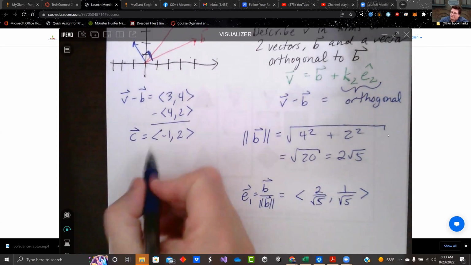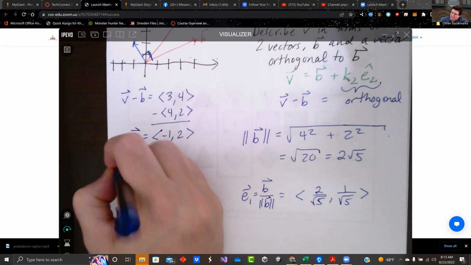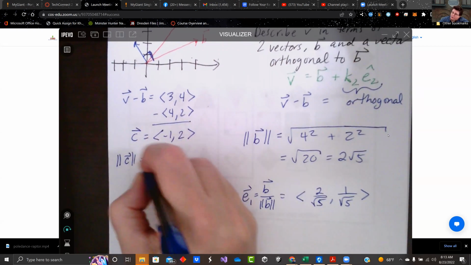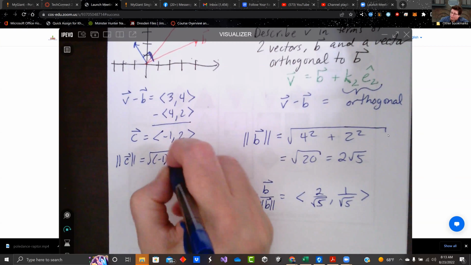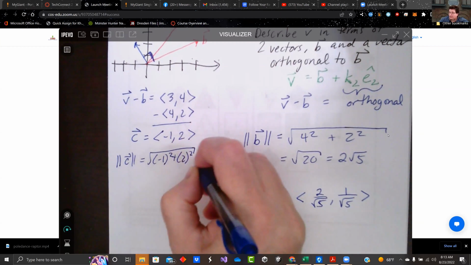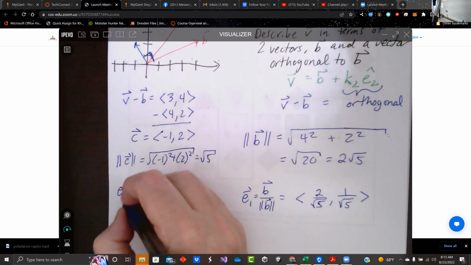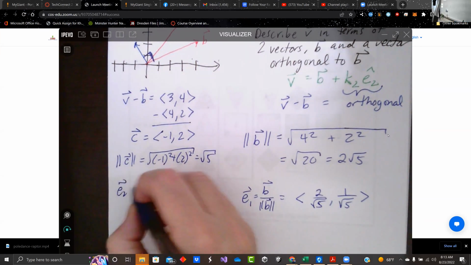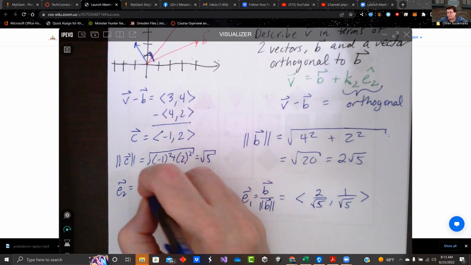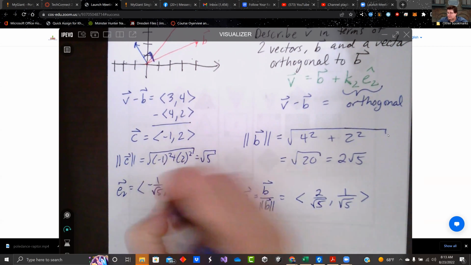And if I do the same thing over here, the magnitude of C is the square root of -1 squared plus 2 squared, which is square root of 5. So E2 would be -1 over root 5 and 2 over root 5.